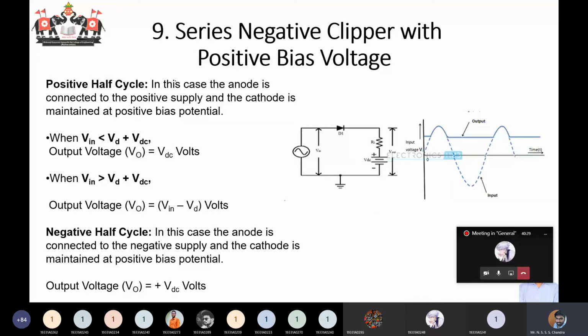The negative portion of the input waveform we are going to exclude in the output waveform. Here we have a positive bias voltage, because we have the positive terminal of the battery towards the V0.